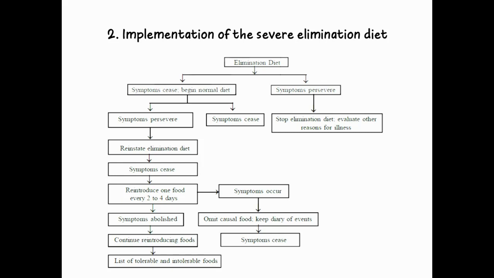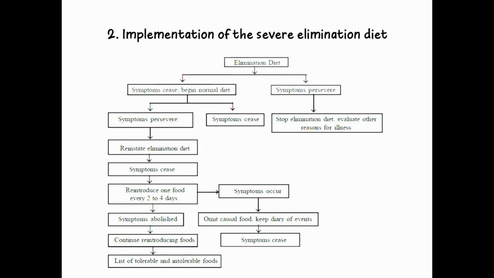Okay, so that the patient would maintain it in a strict way. After that, what foods are to be included in the diet is discussed with the patient, and he has to be counseled very well so that he does not eat the foods which are not tolerable by his gut or by his body.